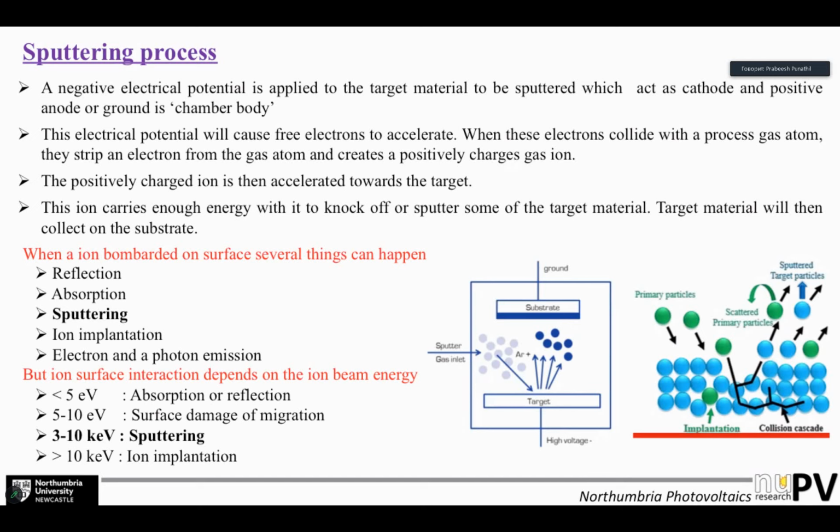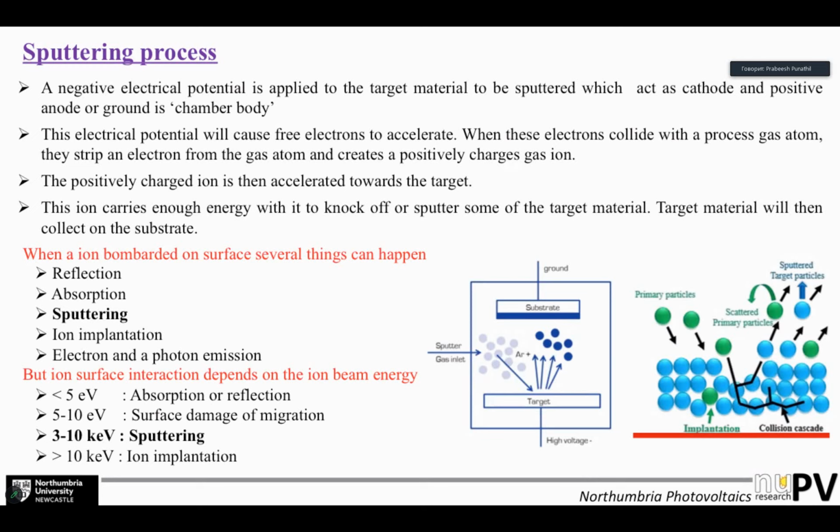Then we supply a sputtering gas, usually argon, though you can change the gas for a specific reason. When we insert the argon gas, since the target is negative and the substrate is positive, electrons from the target interact with the argon atoms, and the argon loses one electron, so it gets ionized.